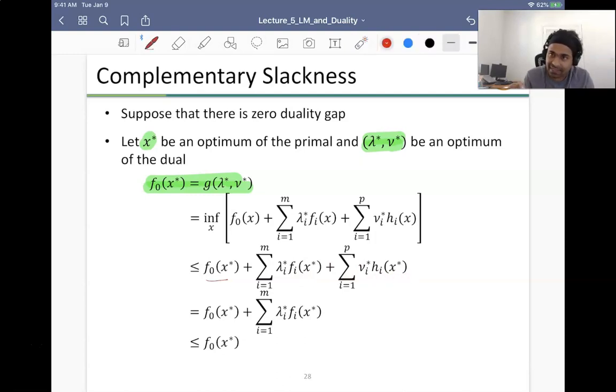Because x star is optimal, this term is equal to 0. So my h_i of x star is equal to 0, because x star is feasible in the primal.